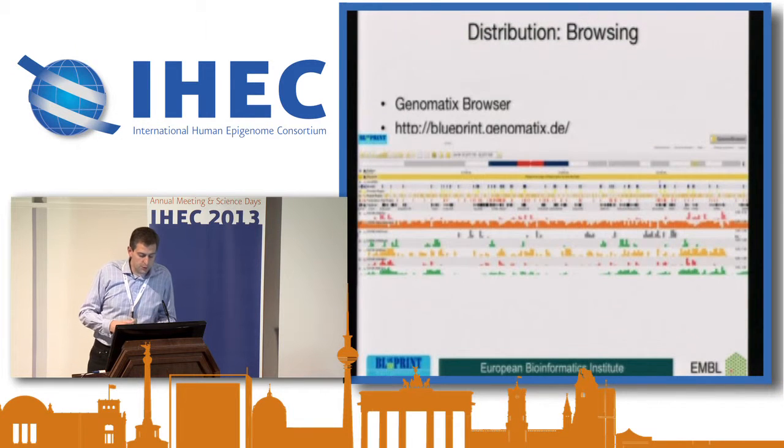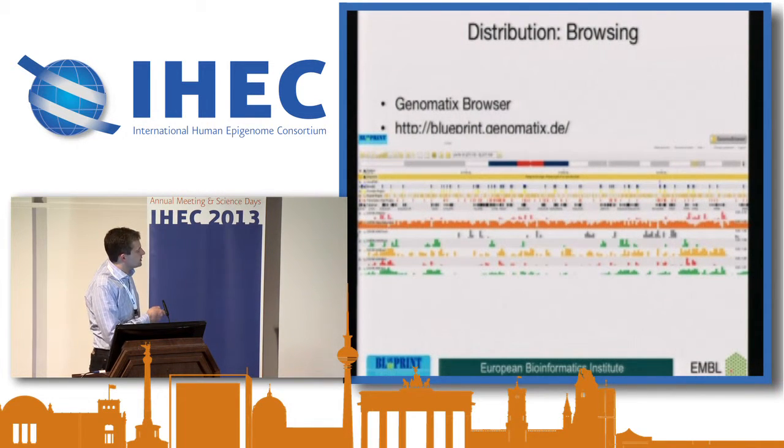So we also, in the Blueprint project, provide data for browsing via Genomatix and the Genomatix browser. Genomatix is one of the SMEs in the Blueprint project, and you can see they have a dedicated website. Genomatix is also, in fact, reasonably well known across Europe and beyond as one of the very important bioinformatics service companies that provide unique ways to look at and analyze data.